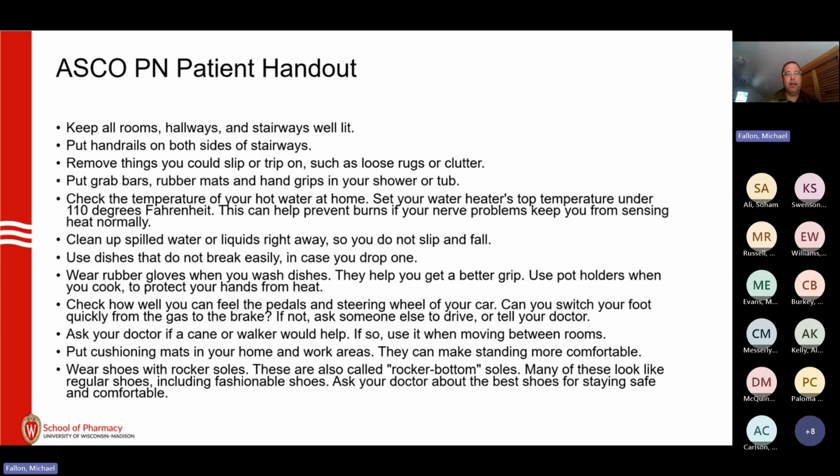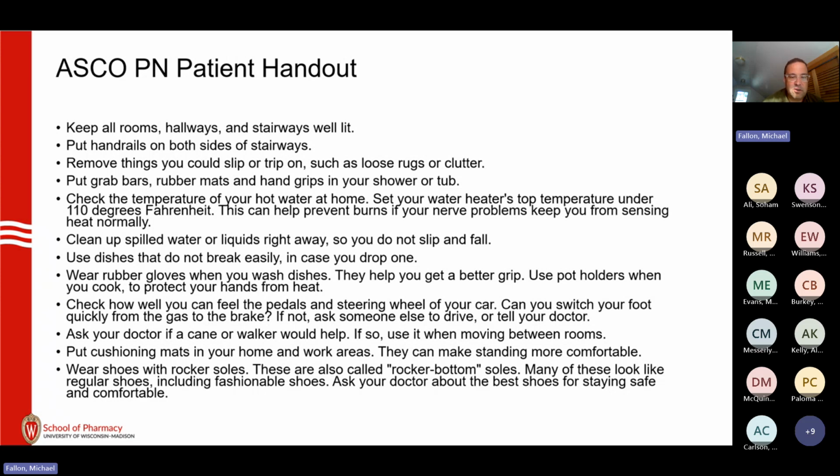It's just such a complex adverse effect. It affects different patients based on their living situation, their hobbies, how they get around. So the message here is that this handout is more of a novel, a longer read for patients, but it's probably best to have more information than less.